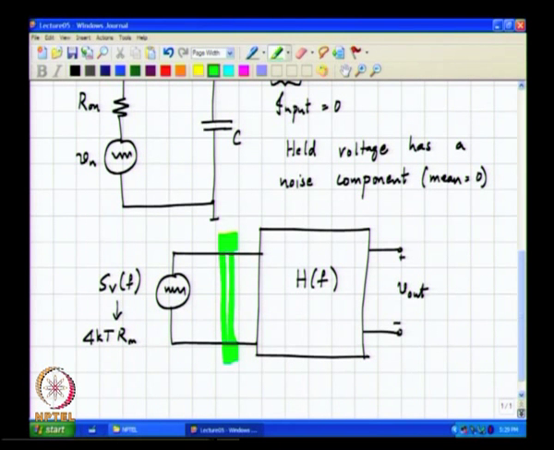So, basically if I look at this voltage and pass it through a band pass filter, this is going to be the variance, the mean square value.